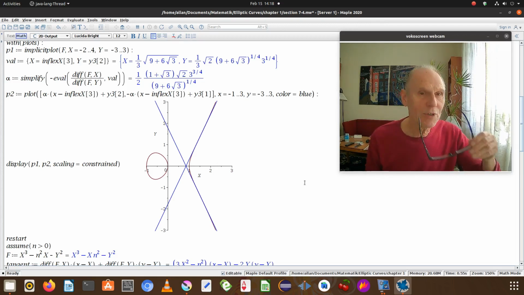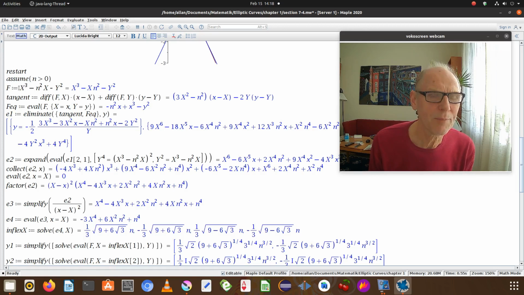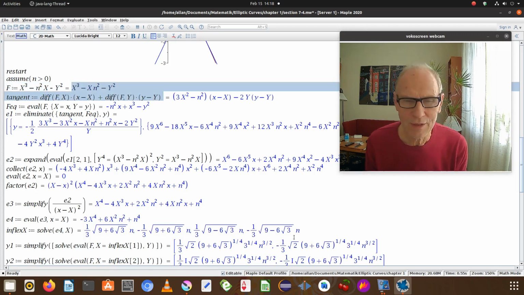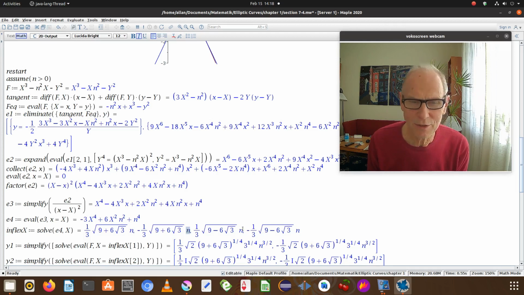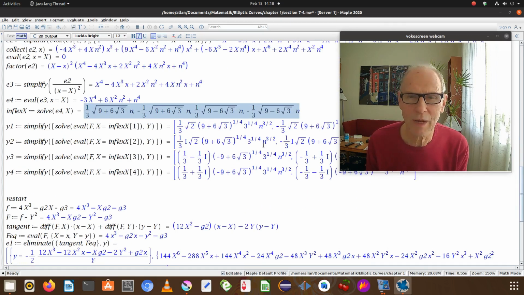So the next step was to try the same method with all the curves coming from the congruent number problem. And it turns out that we just have to multiply x by n, so that's really simple, and the y values by n to the 3/2.